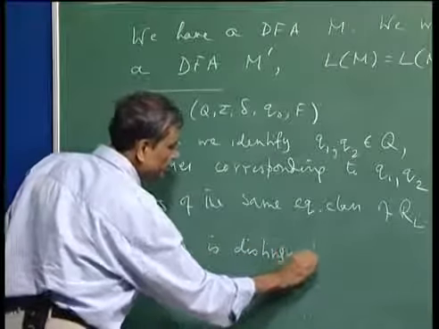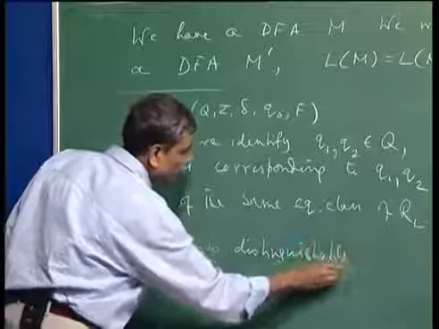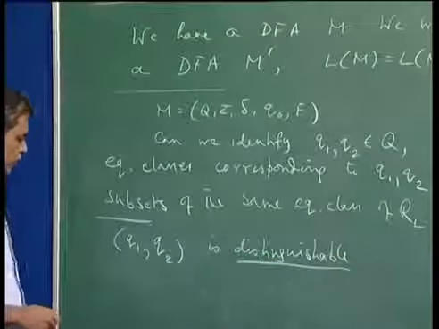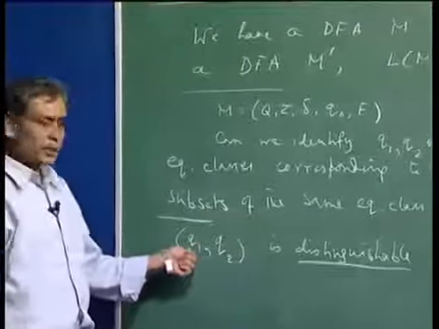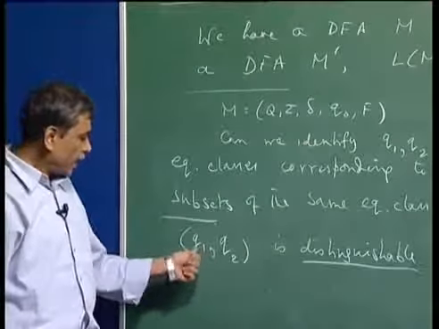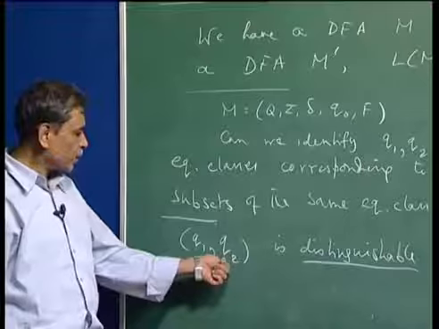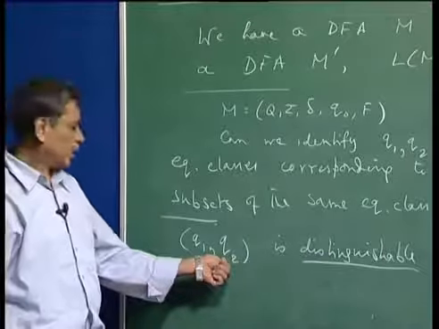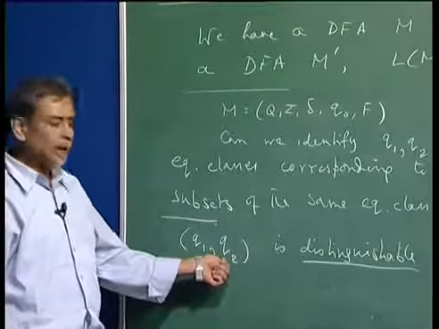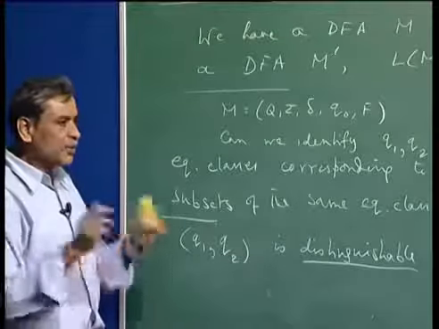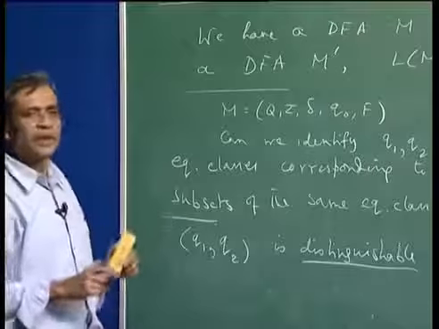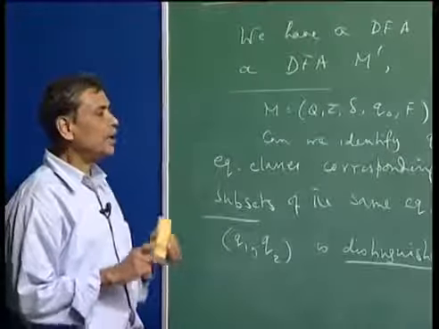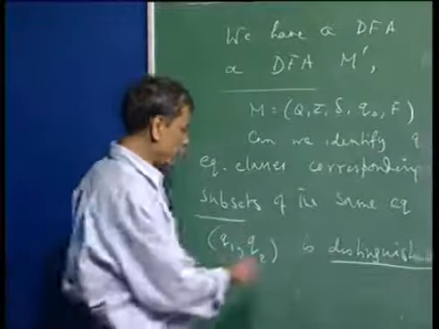This is the term used to mean that the equivalence class in Rm corresponding to Q1 and the equivalence class corresponding to Q2 in Rm are not subsets of the same equivalence class of RL.